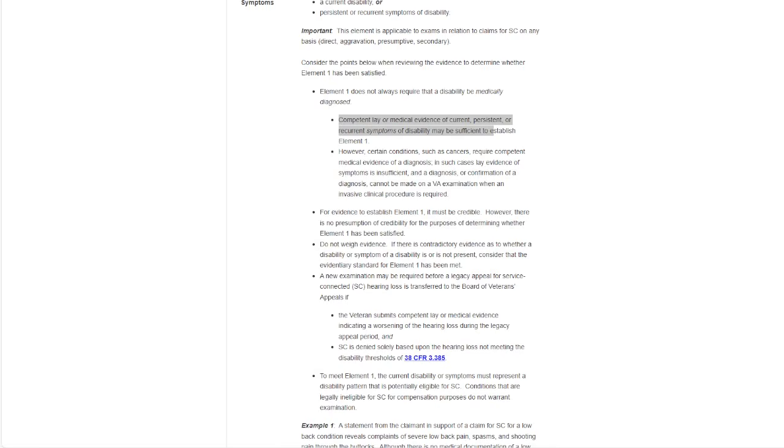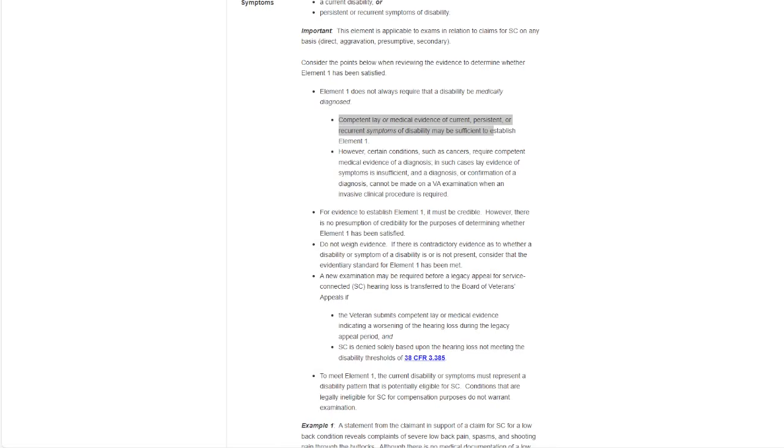Now, there are some exceptions to this in cases of disabilities that are identified as chronic, and those are listed under 38 CFR 3.309(a).